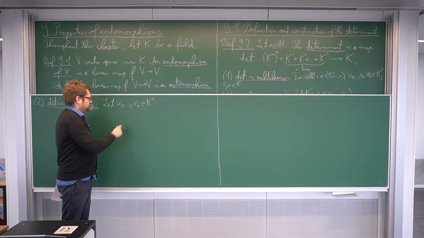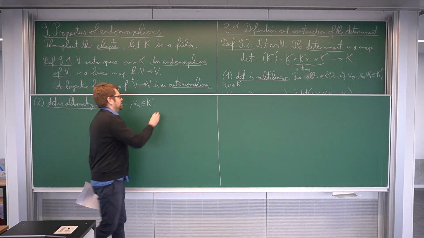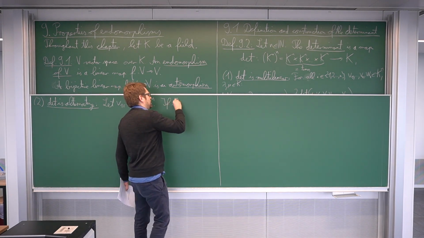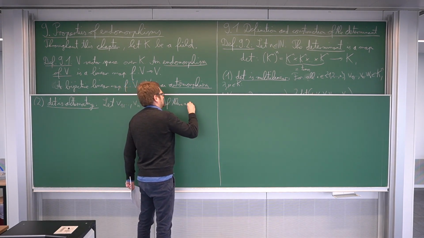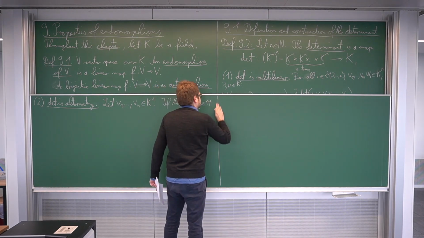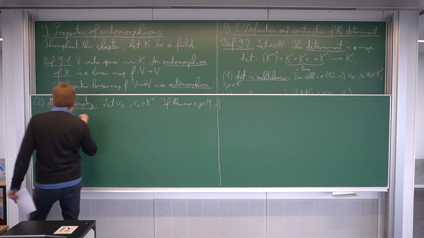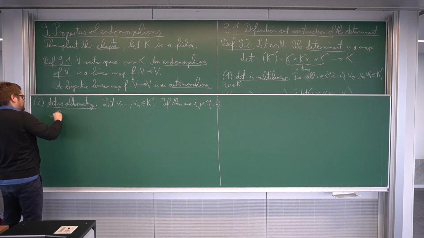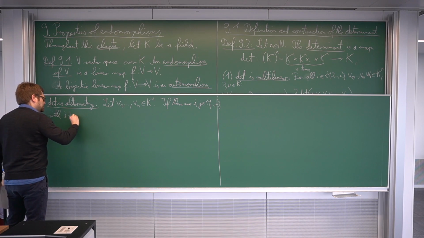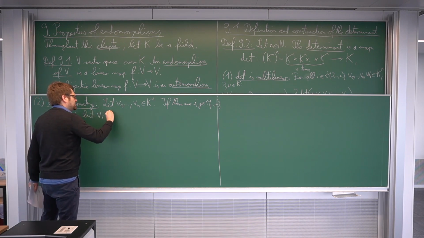If we have two vectors among these v1 to vn which are the same. So if there are i and j between 1 and n, such that i is not equal to j, but such that vi coincides with vj.